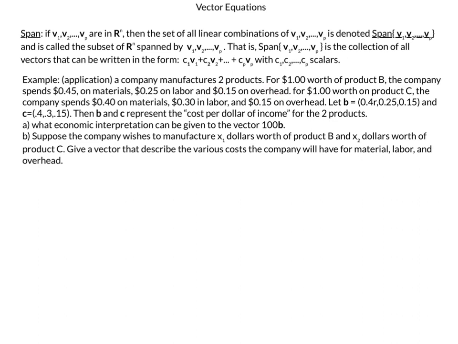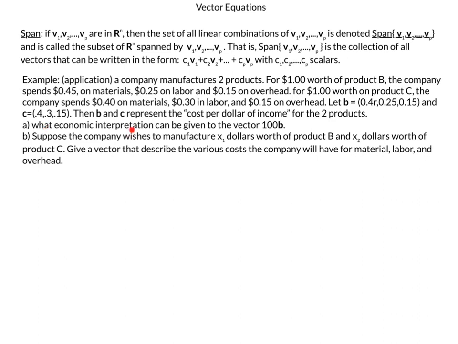So let B be the vector 0.45, 0.25, and 0.15. That's the money spent on materials, labor, and overhead. And C be the vector 0.4, 0.3, and 0.15. Again, the money spent on materials, labor, and overhead. Then B and C represent the cost per dollar of income for the two products. So it's the cost associated with making $1 of income for the two products.